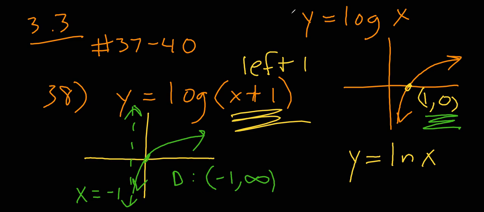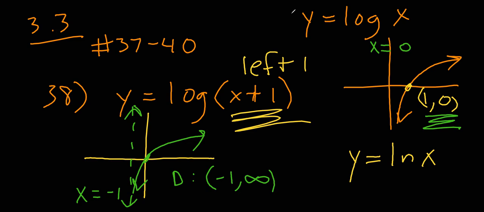Now, if you don't know what the original log function looks like, yeah, you're in trouble. That's why understanding the basic shape of the graph is important. Knowing where its vertical asymptote is. Oh, x equals 0. If you don't know where the original one is, how do you know where it's going to be if I move the whole thing left 1? Okay.